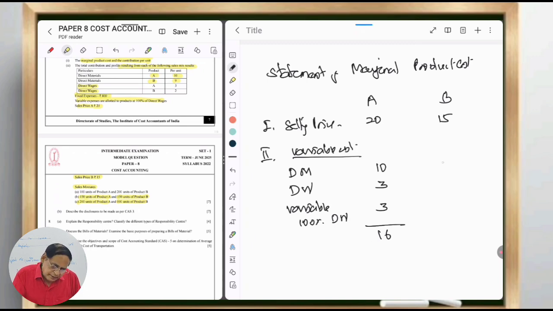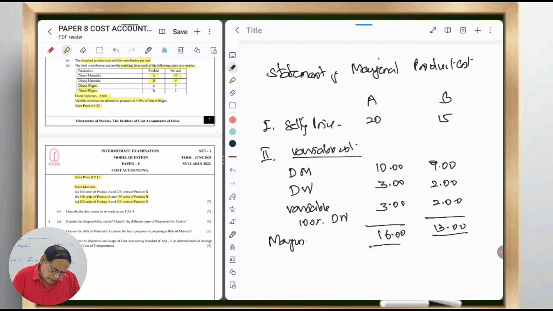For B, direct material is 9 rupees, direct wages 2 rupees, and variable expenses also 2 rupees, because it is 100% of direct wages, so that is 13 rupees. This is the marginal product cost, that is, the total variable cost, which is required in the question.